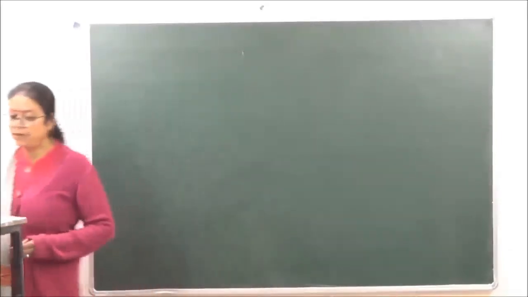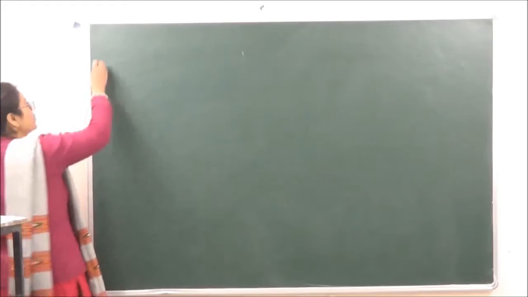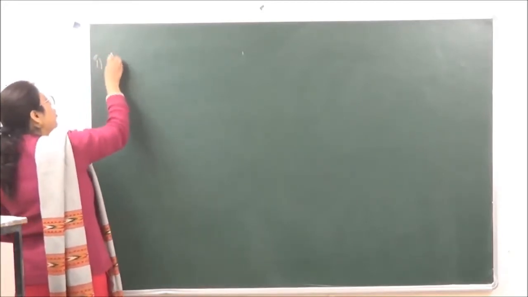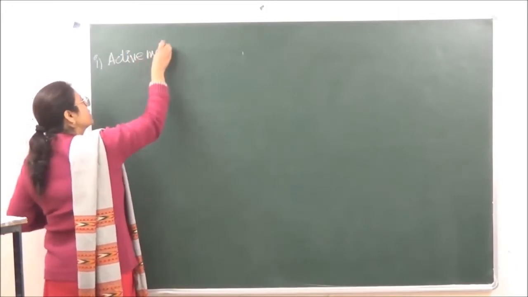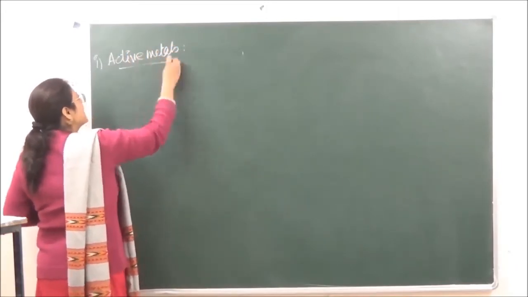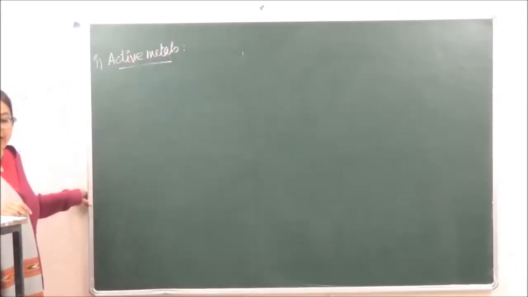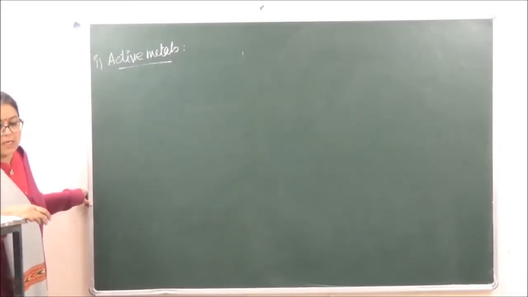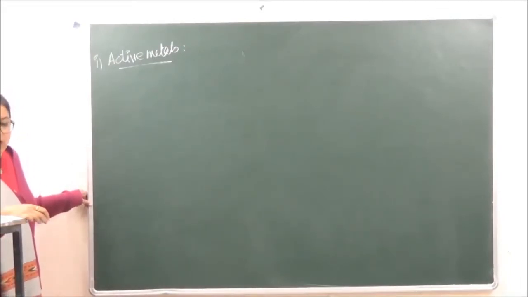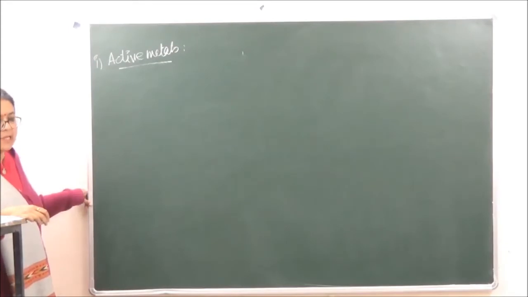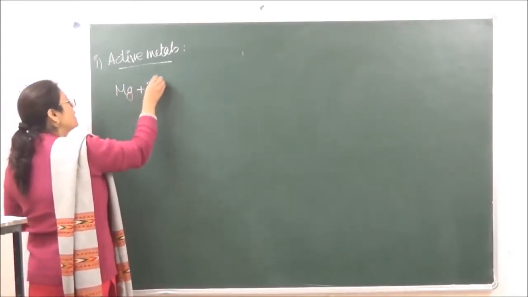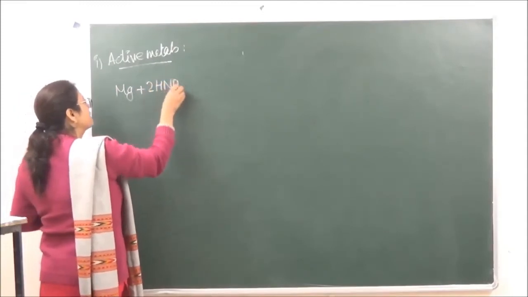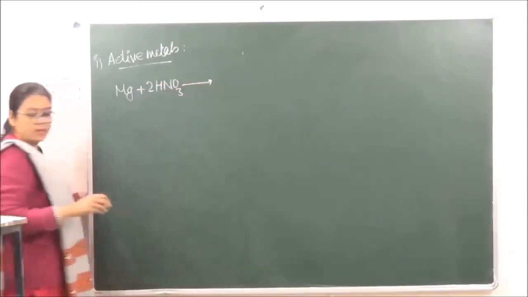The first kind of reaction which we are looking at are with all the active metals, that is, metals which are above hydrogen in the series. So the first metal which we are going to do is magnesium. So let's say magnesium को हम react कर रहे हैं with nitric acid.